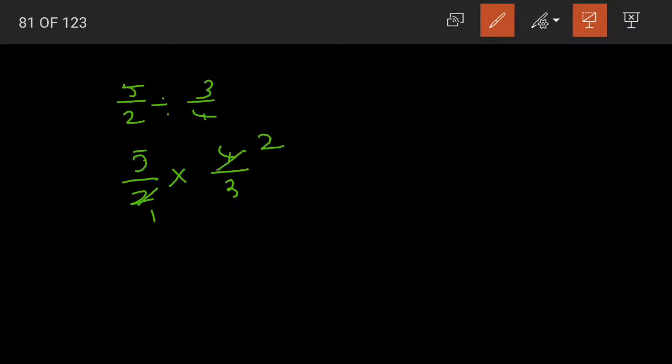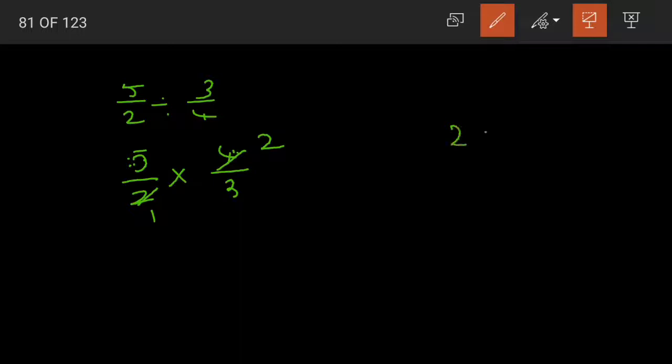Again I'll write here 5 by 2, 3 by 4. Again what will happen? 5 by 2 as it is. Division changes into multiplication. For 3 by 4 here we'll write the reciprocal. Now here 2 ones are 2, 2 twos are 4. You can cancel a numerator and a denominator. You cannot cancel both numerators.